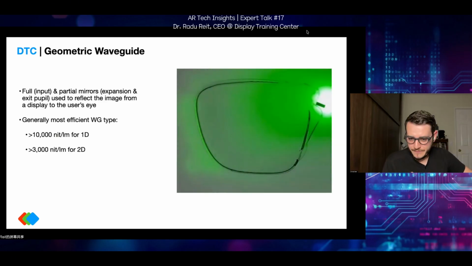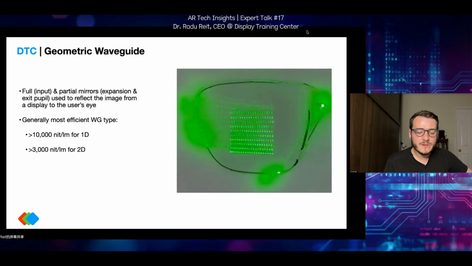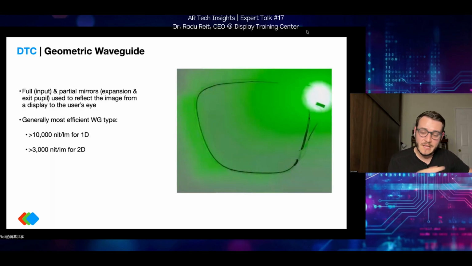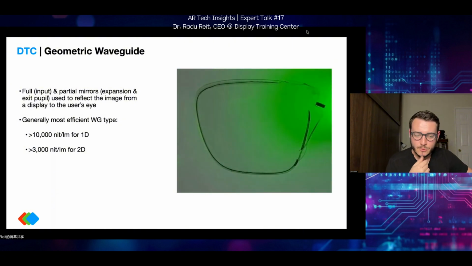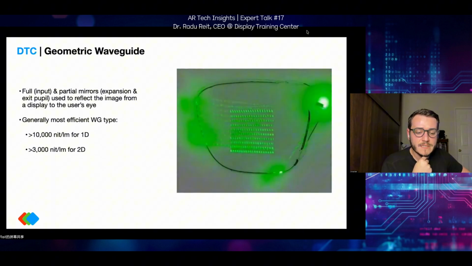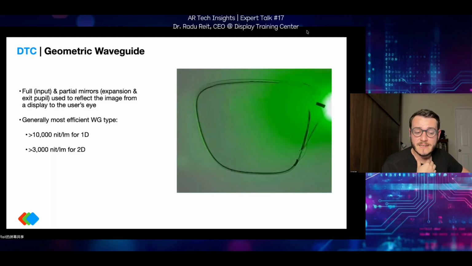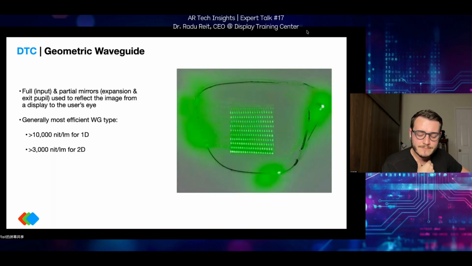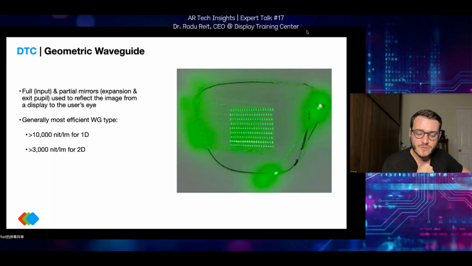These are very, very efficient because we're using mirrors, even when we have to use partially reflective mirrors that generally let a lot of light through and only extract it a little bit. You can get very good efficiencies for these types of waveguides. For one-dimensional waveguides, like the one that we saw on top for the Innovative Eyewear Airs, you can get in excess of 10,000 nits per input lumen of waveguide efficiency.